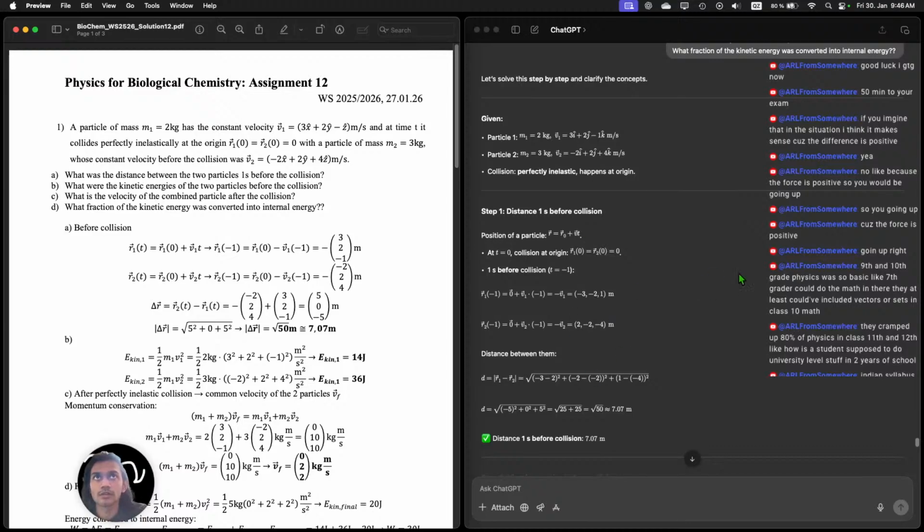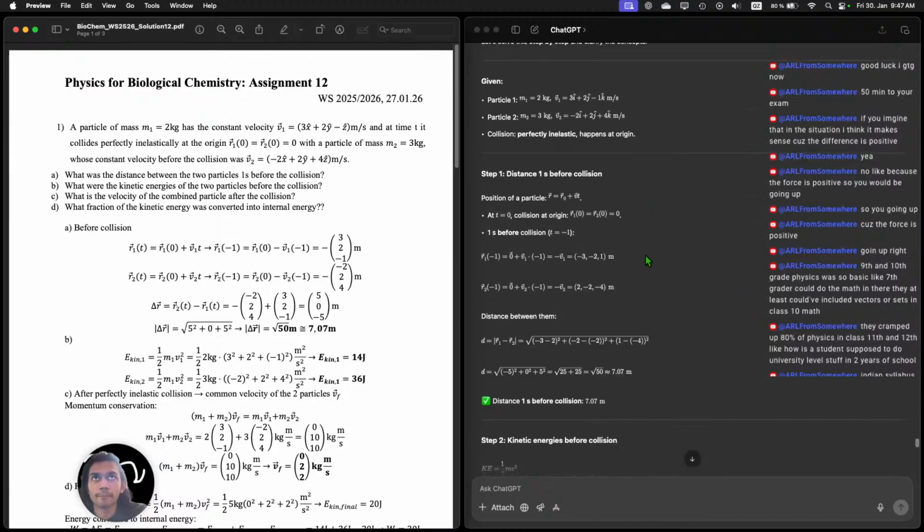So you convert the velocity vector to the distance between them. So where does mass come in?